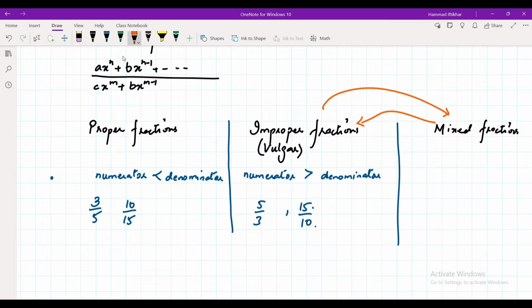Now, when we have an improper fraction, we know how to do the long division. For example, for 5 over 3, that would be 1, 2 over 3. For the 15 over 10, that would be 1, 5 over 10, or this could also be written as 1, 1 over 2.